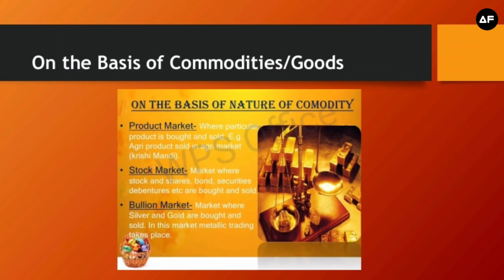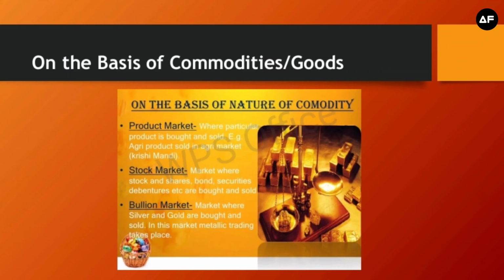In this market, a single commodity will be dealt with. It is regulated and controlled by certain rules and regulations. For example, the flour market, the goat market, the cattle market, or the horse market, where that particular commodity alone will be sold.